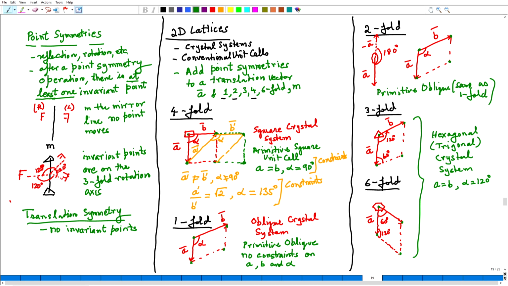So I have got 3 crystal systems so far, but we still have one point symmetry left, and that is the mirror symmetry. So we will see what happens when we add a mirror to a translation vector in the next lecture.